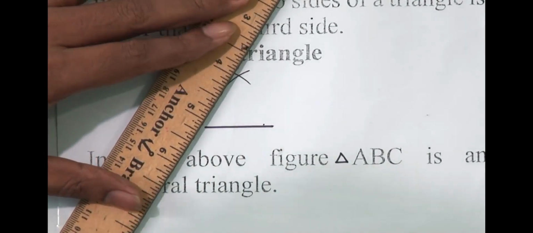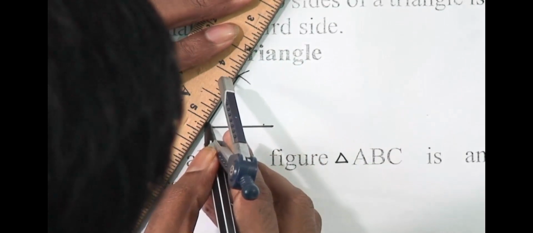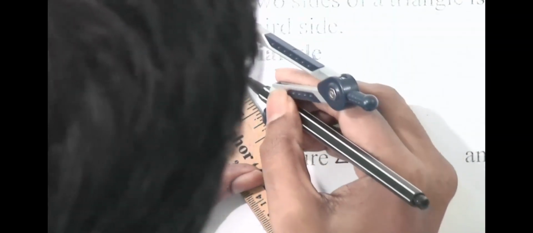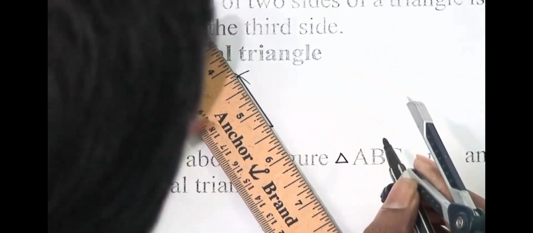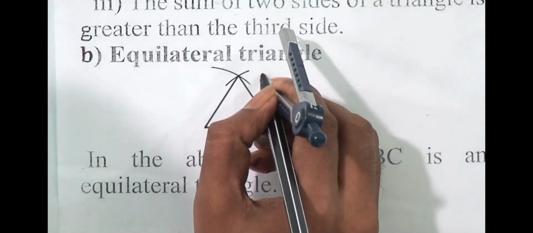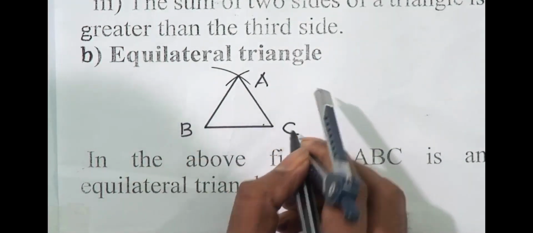Like this way you join. That means A, B and C.